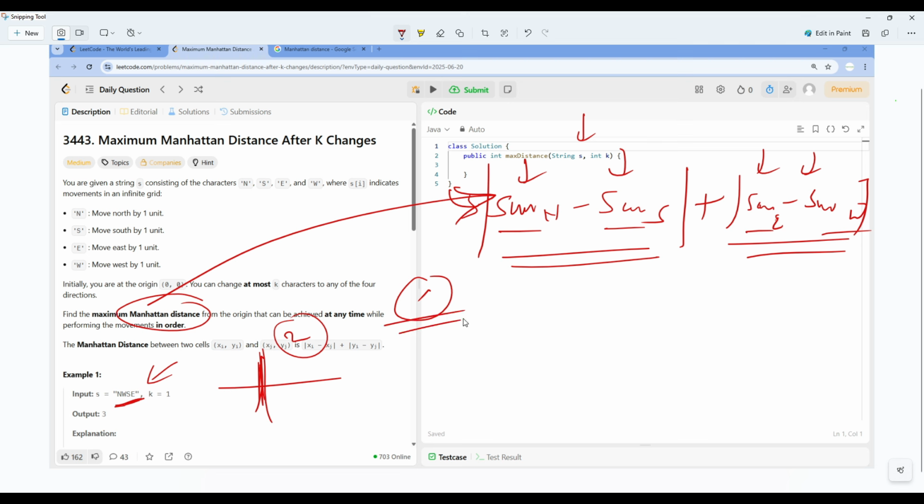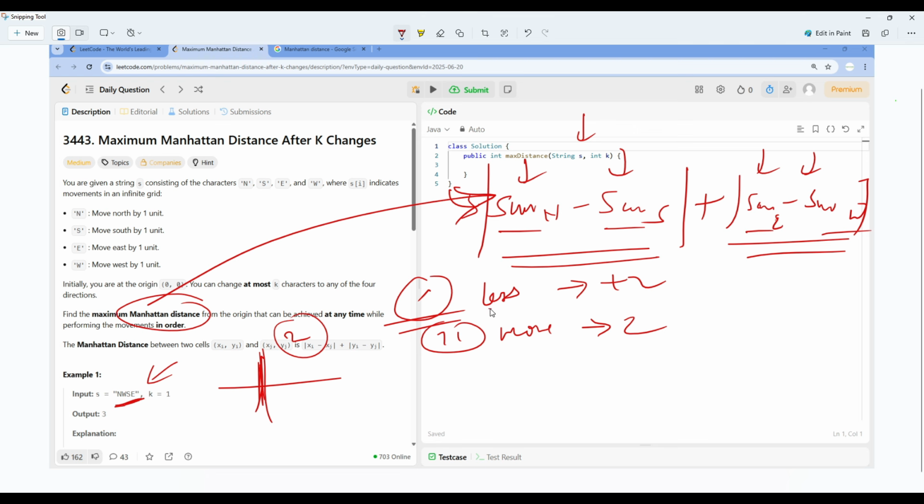That is one condition. Another condition: if we modify a letter that appears more frequently in either direction, that decreases the Manhattan distance by 2.